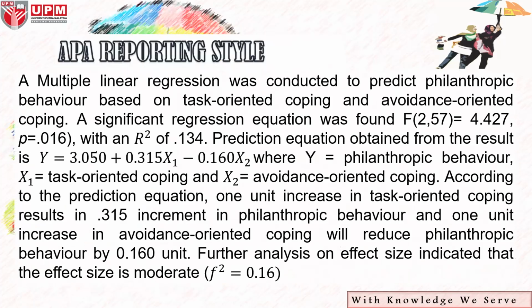Okay, so R squared equals 0.134. According to the value, again we can conclude that 13.4% of variance in philanthropic behavior is explained by both TOC and AOC. In terms of reporting the result according to APA style, we can say that a multiple linear regression was conducted to predict philanthropic behavior based on task-oriented coping and avoidance-oriented coping.